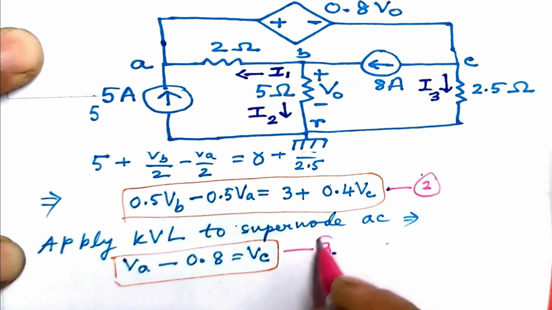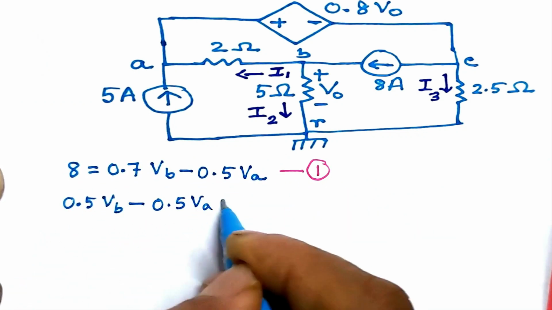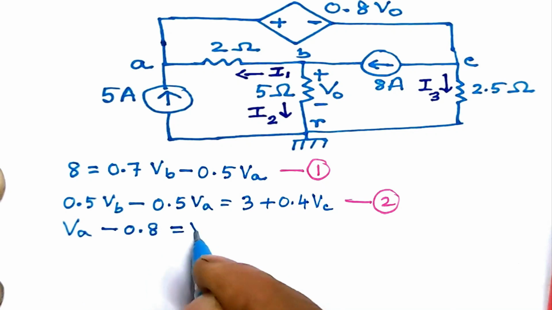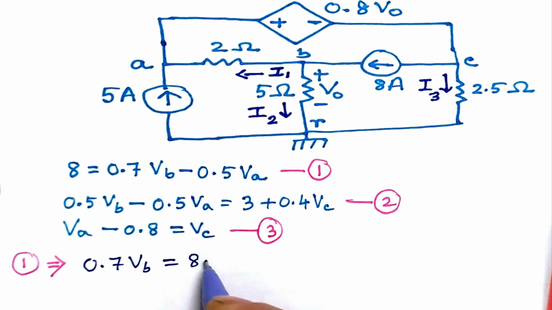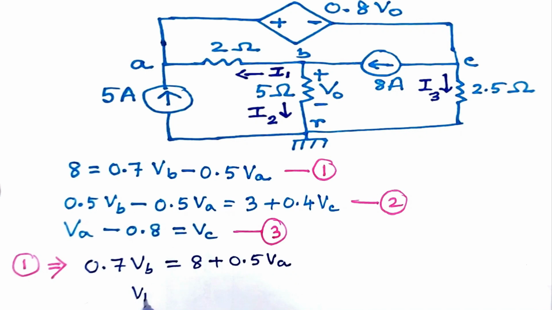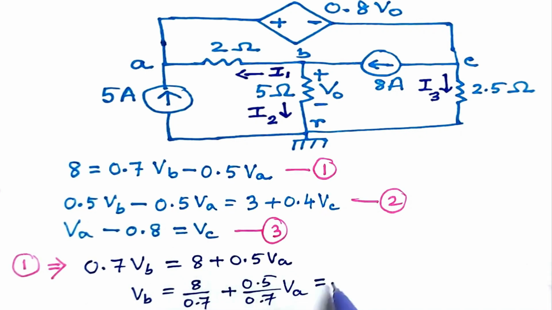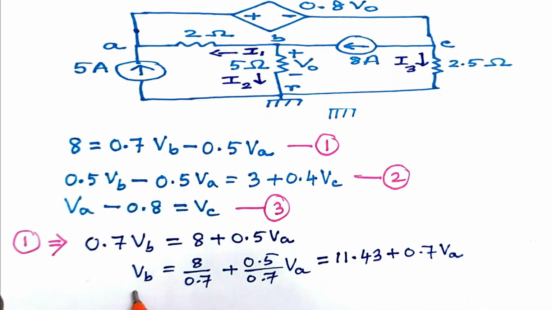This is equation 3. We have got 3 equations and let us write them at one place for solution purpose. This is equation 1, this is equation 2 and this is equation 3. Equation 1 gives 0.7 VB equal to 8 plus 0.5 VA, which gives VB equal to 11.43 plus 0.7 VA.